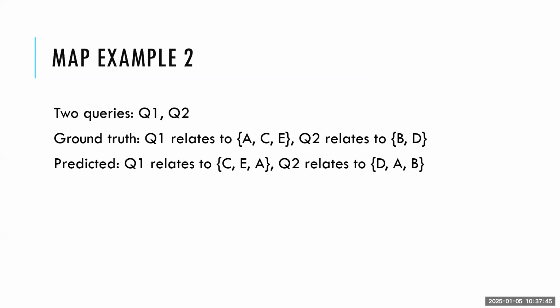So what about this second example? What is the MAP score for Q1, just the average precision for Q1?